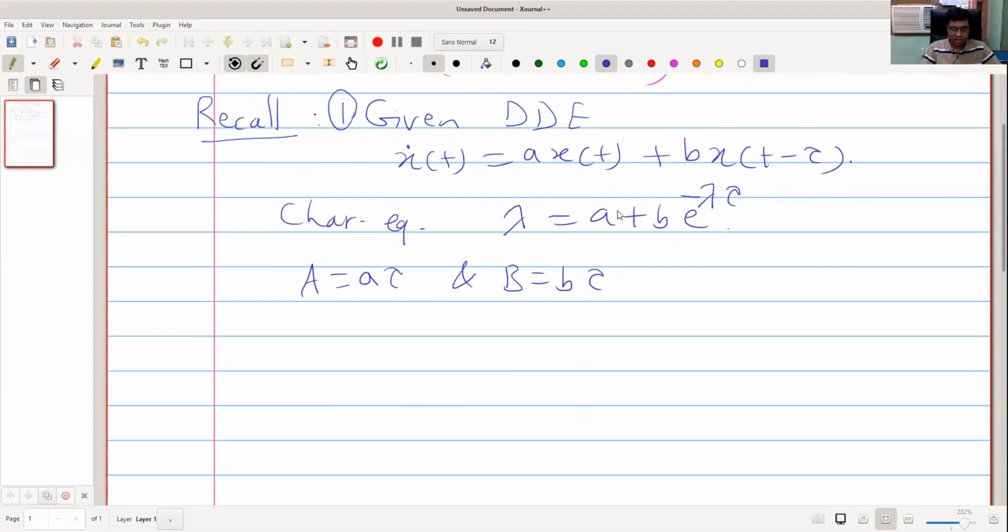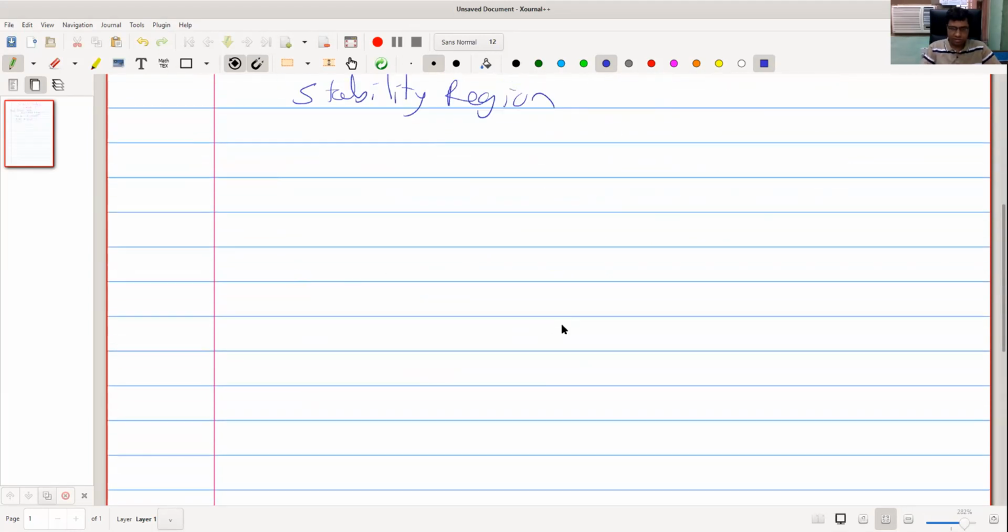Okay, so the stability region is like this, roughly.